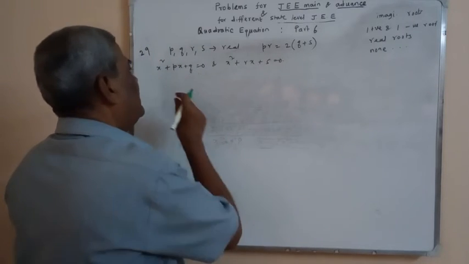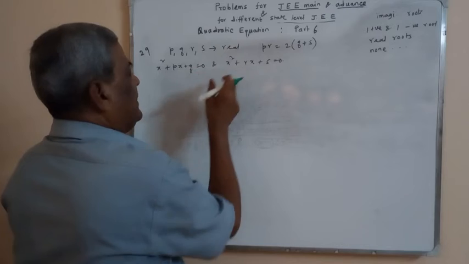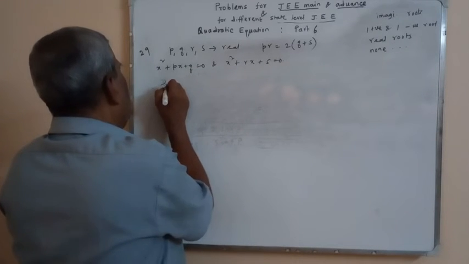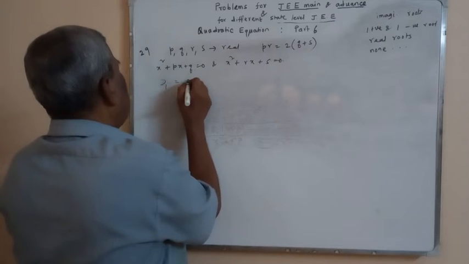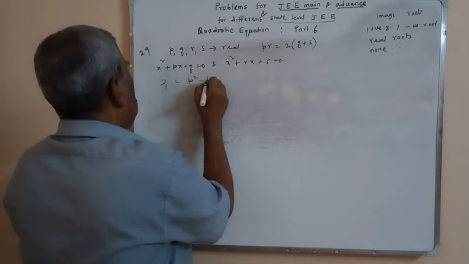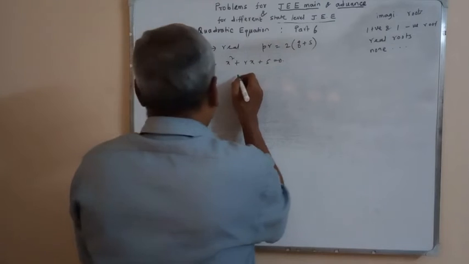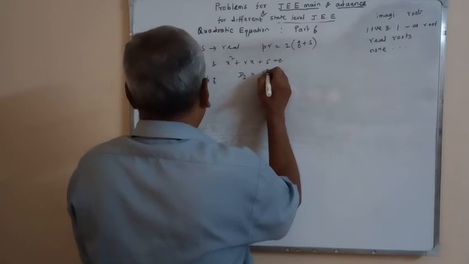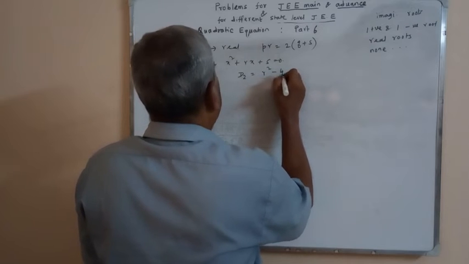Let us study the discriminant of this and that. Say d1, the discriminant of the first, is equal to p square minus 4q. d2 is the discriminant of the second equation. It is r square minus 4s.